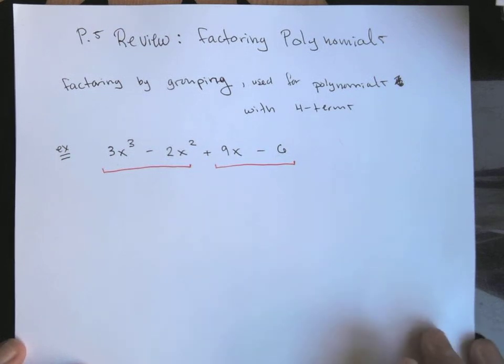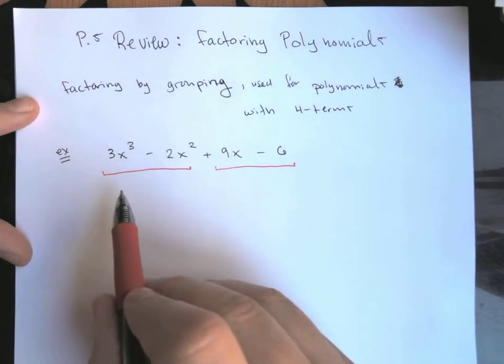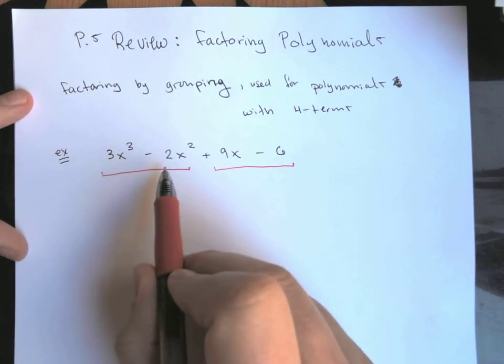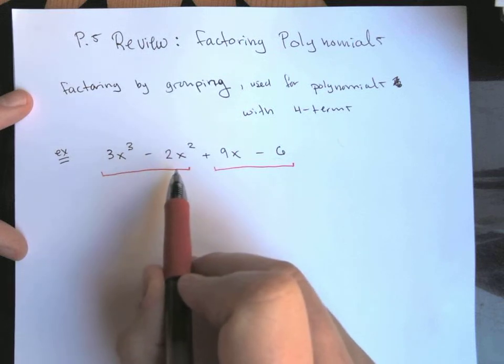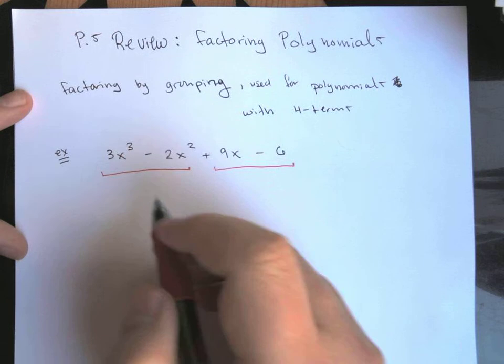This is a much smaller amount to work with, and for the most part, we'll have much better luck getting a GCF out of fewer things. For the first 2, 3 and 2 don't have anything in common, but we do have x's in common, x cubed and x squared. So we can always factor out the smaller number of x's, 2 x's.